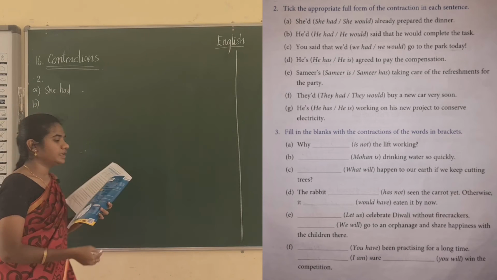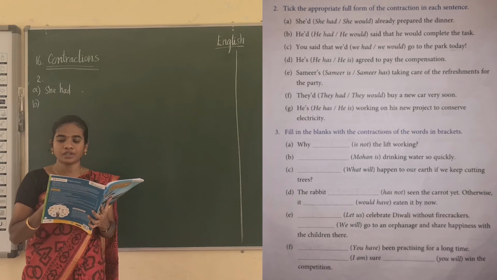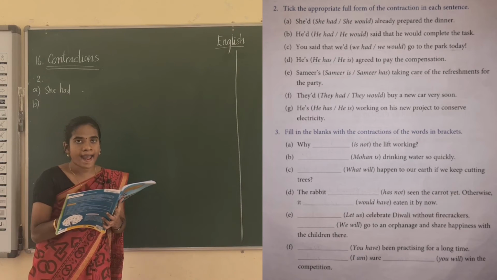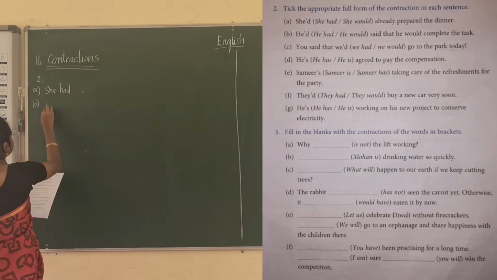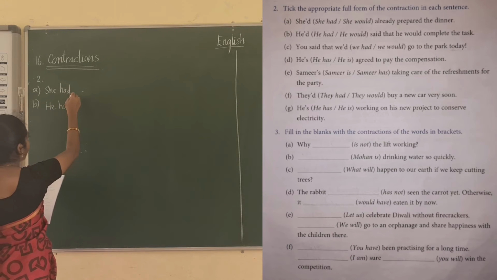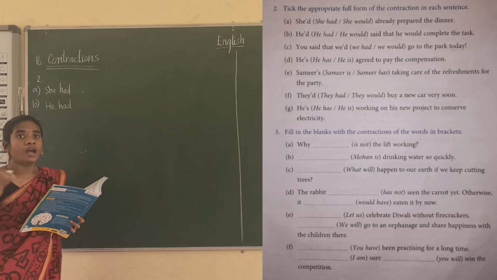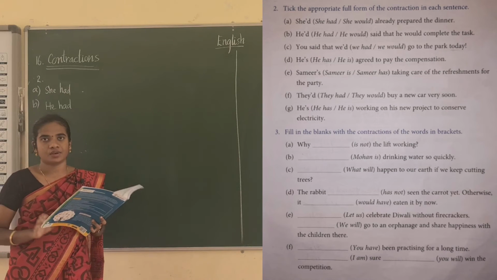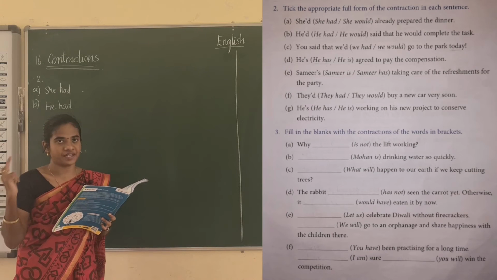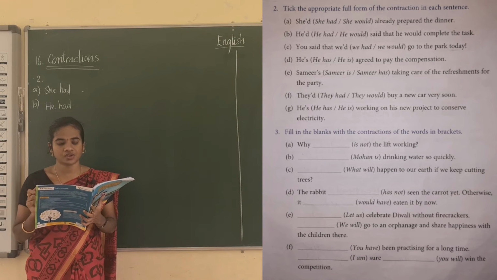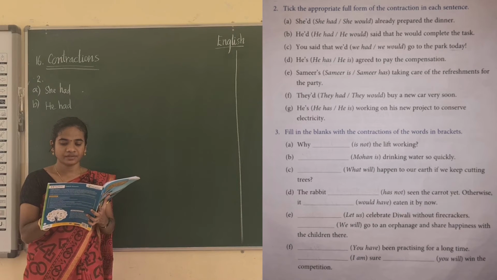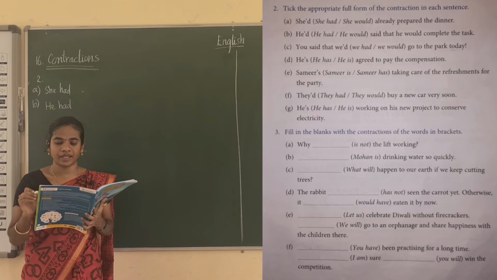B: He said that he'd complete the task. Here the contraction is he had. He had. So you should note that had comes for the past perfect tense only. You have to remember this also. See the next one: You said that we'd go to the park today.